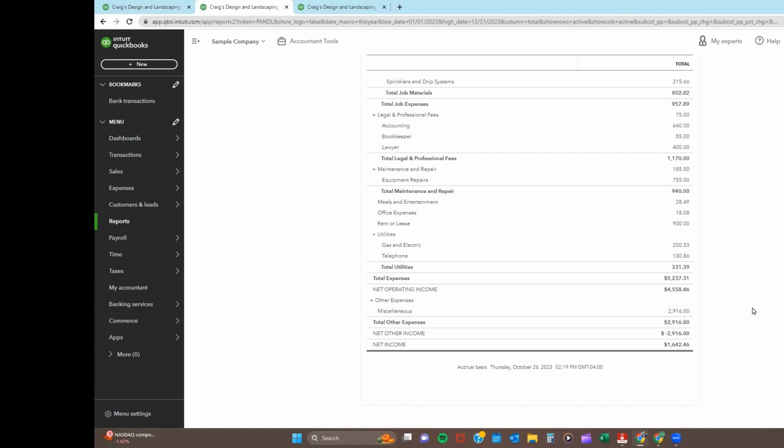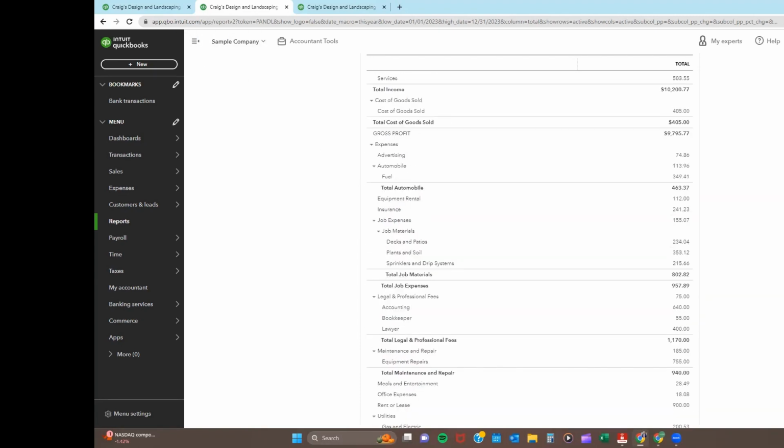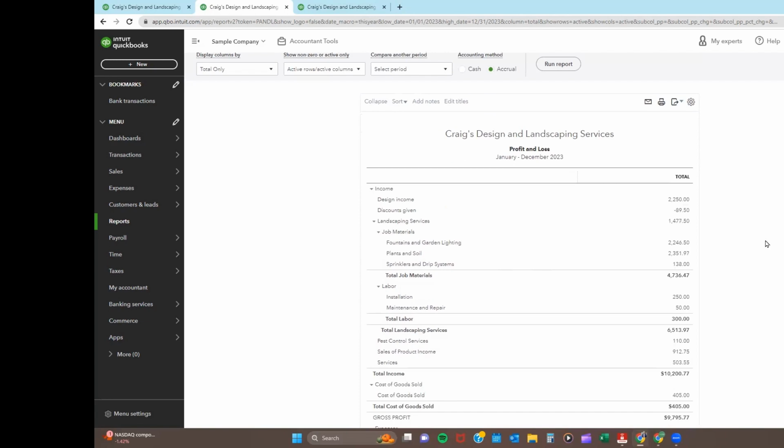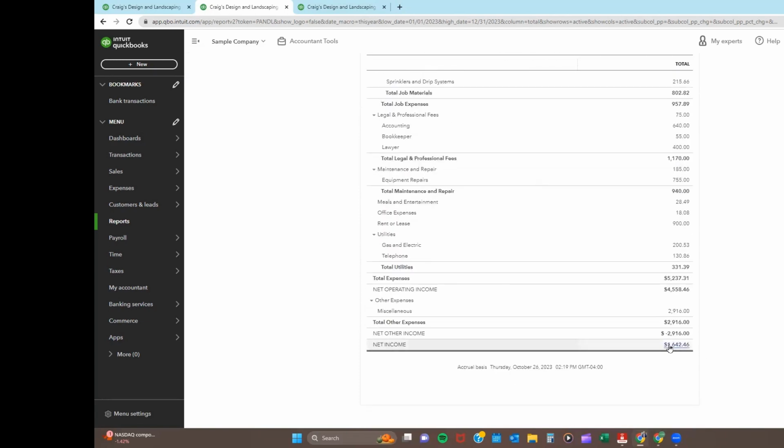So if we drilled into the detail, we would most likely ask those questions. All right, so that's the balance sheet. We got the profit and loss here that we just went through, and we just saw that this 1642 rolls up onto the balance sheet.